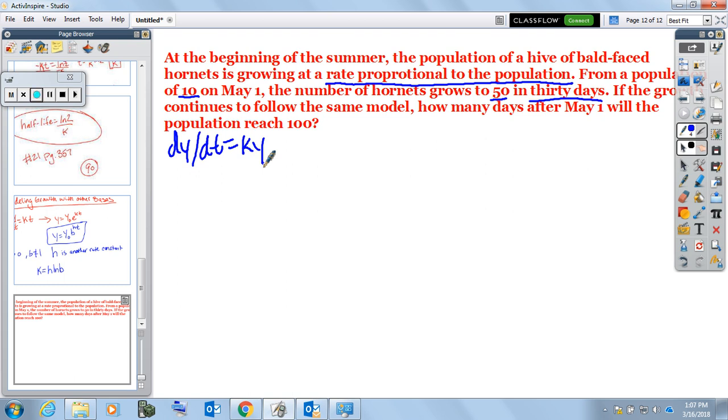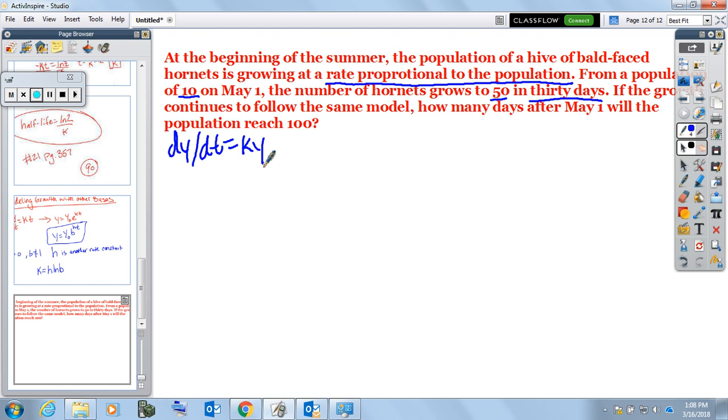Now, the population grows by a factor of what? From 10 to 50 in 30 days, it's growing by a factor of 5 in 30 days, and we model the growth in base 5.